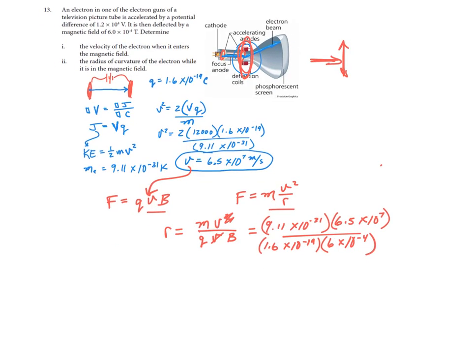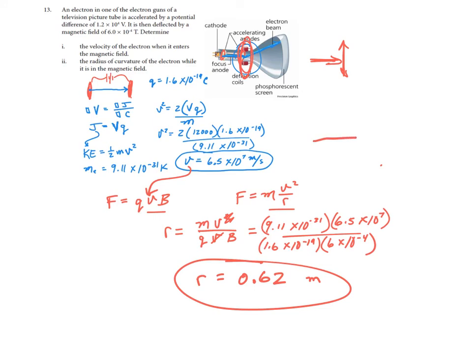R equals 0.62 meters. All right, which is kind of small, 62 centimeters. That will be the radius of that little curvature.